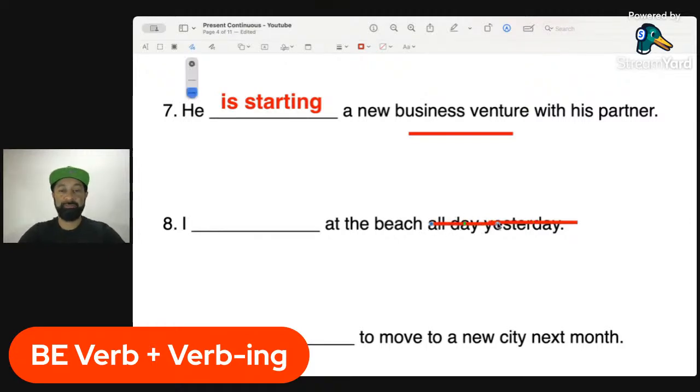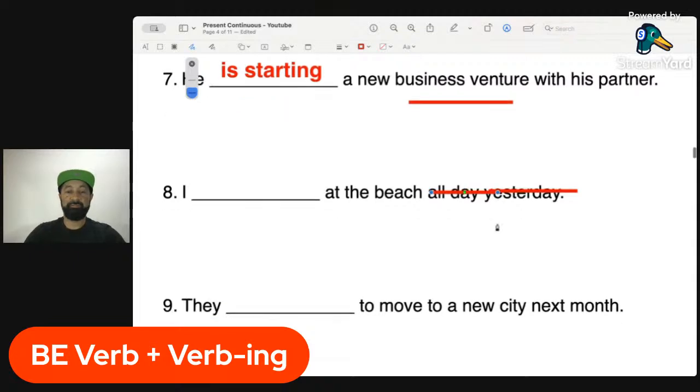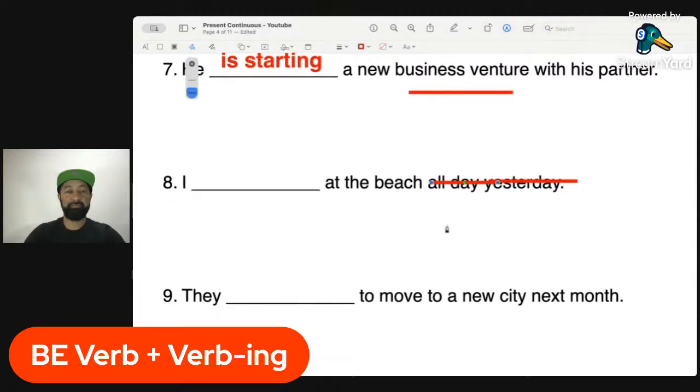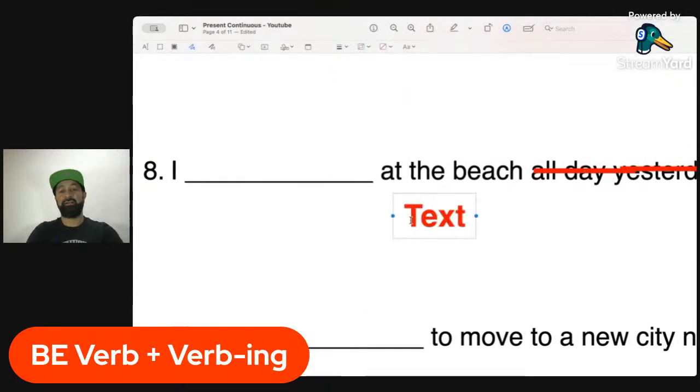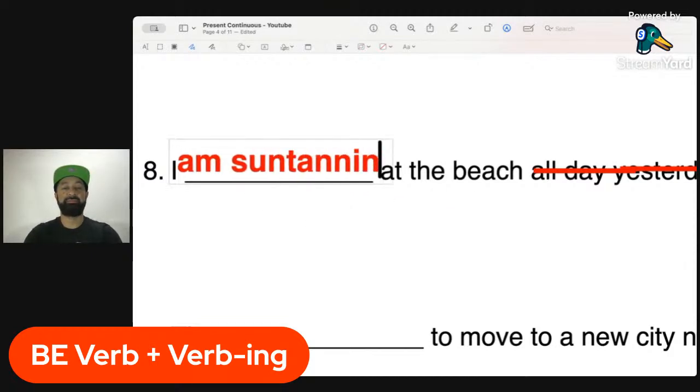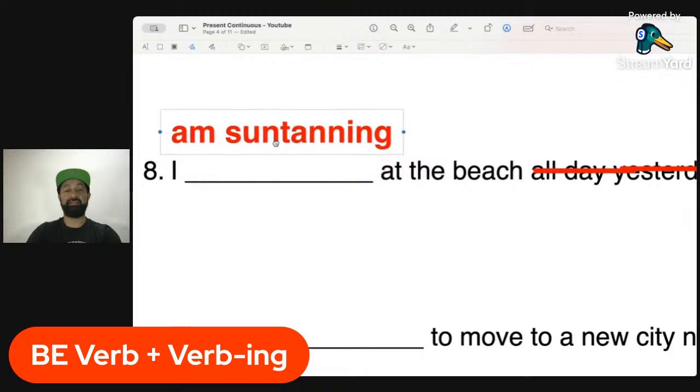There we go. So yeah, yesterday's past tense, and we're using present continuous. So that's a typo by me. If it's just beach, I could say I'm suntanning at the beach.